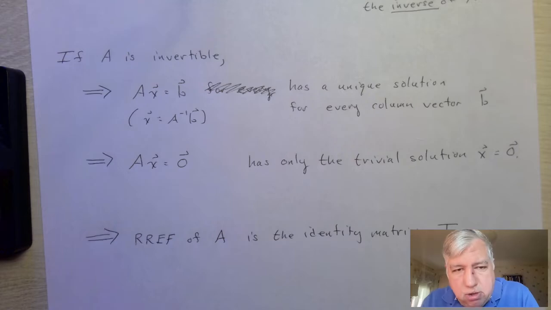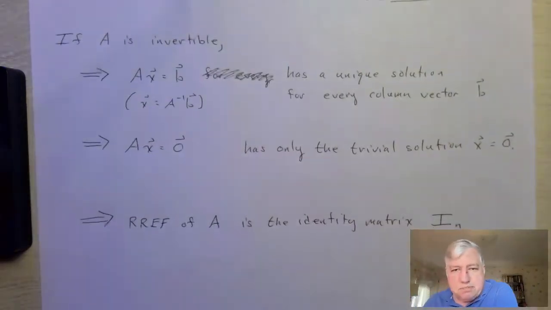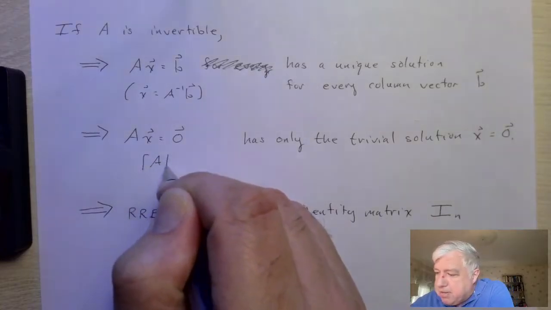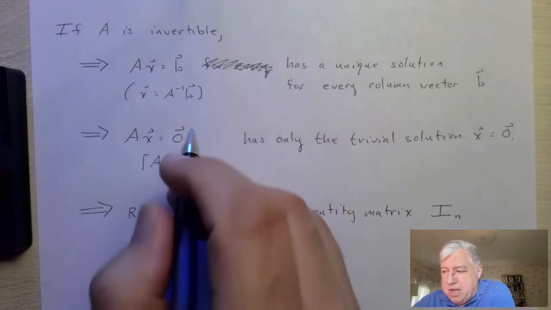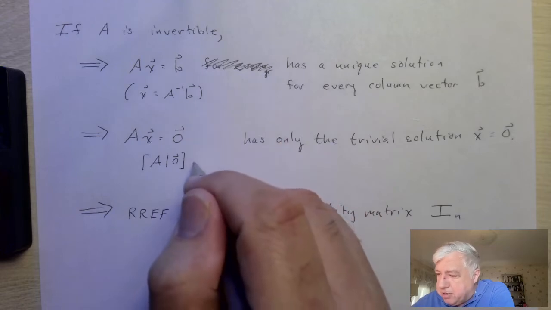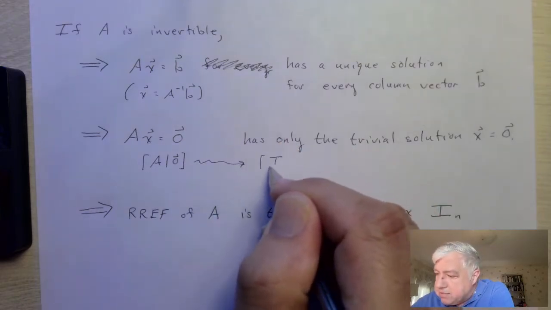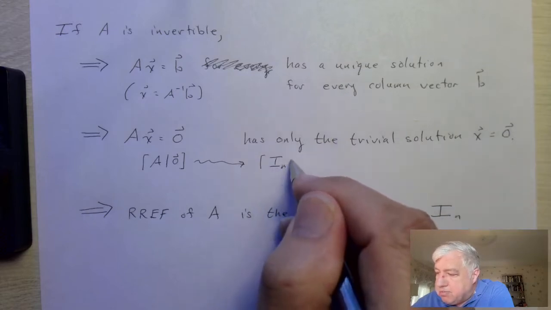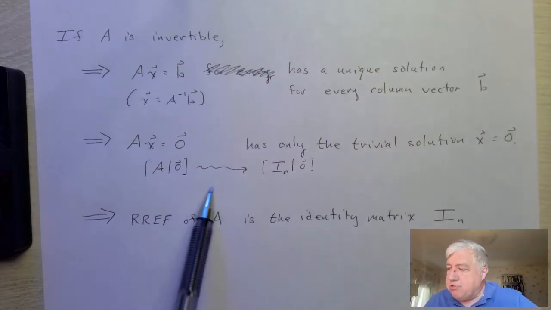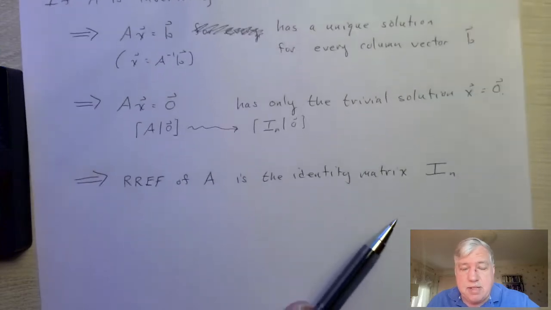And then from there, we learned that when we were solving homogeneous systems, we could write the coefficient matrix A on one side, and the 0 vector on the other, and do elementary row operations. If there's only the trivial solution, well, what that means is the reduced row echelon form of A would have to be the identity matrix.